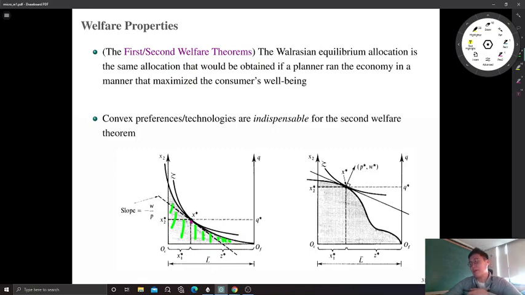But if we think about this allocation being achieved by the market, then the market will determine that this price vector supports this X star as an equilibrium. But given this price vector, does the firm maximize profit by choosing this X star? The answer is no, because the firm can do better.